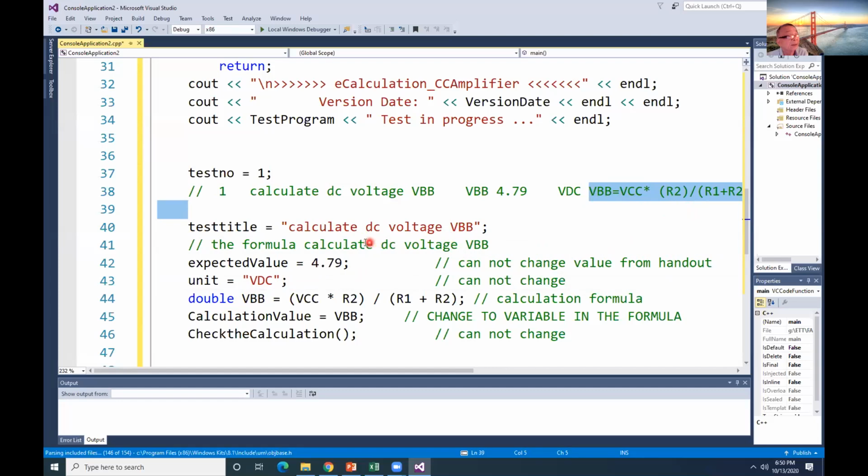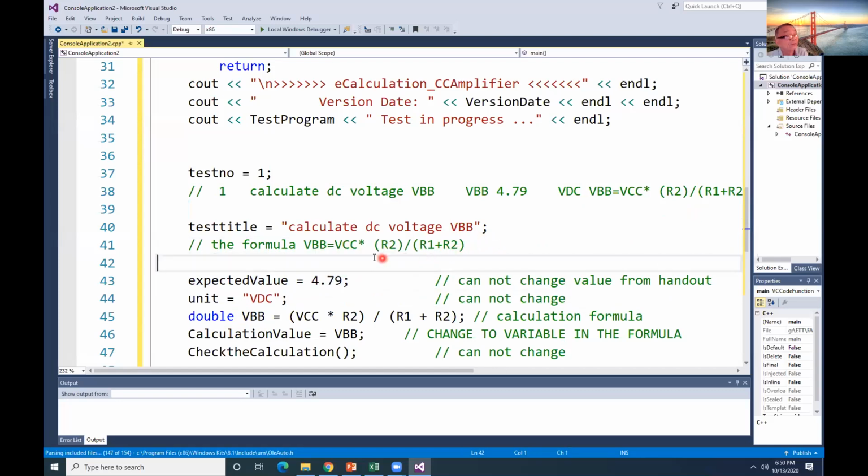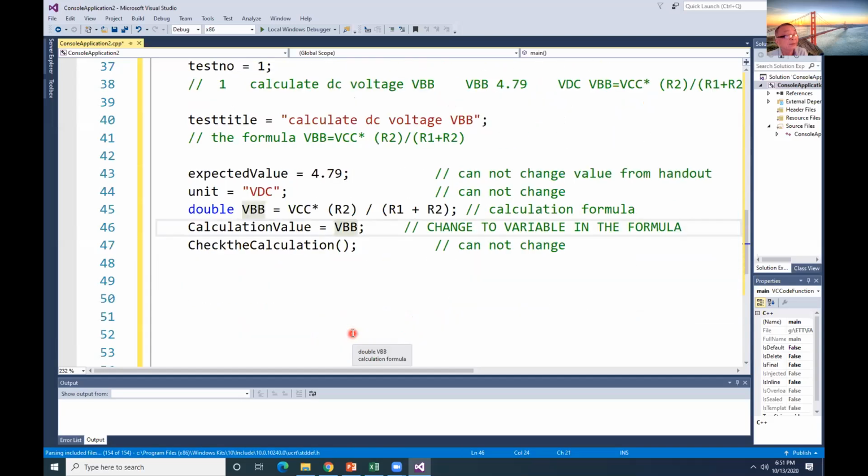Okay. That is your formula. So now you can copy that formula, copy, paste into here. Okay, and make sure they have to be VBB. That means you're done for the first one.